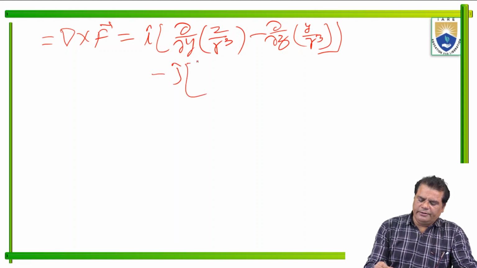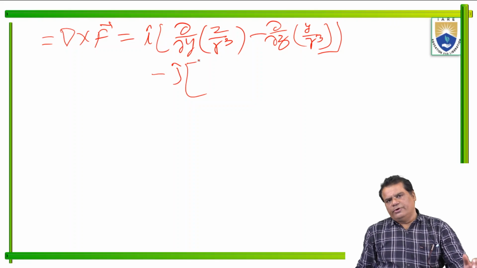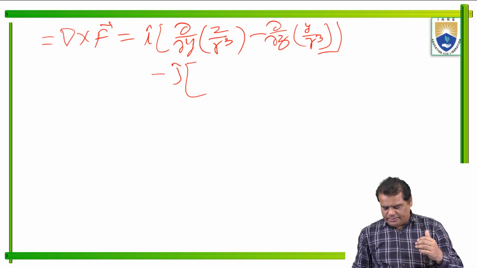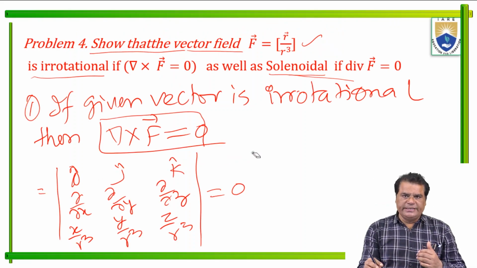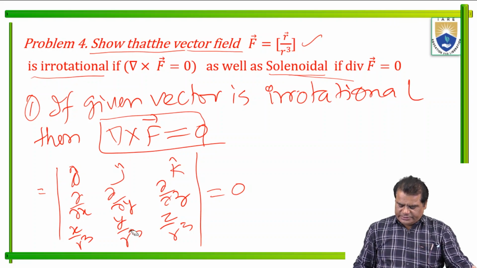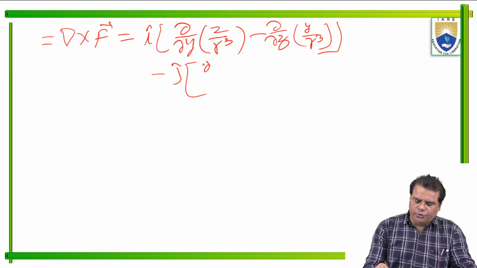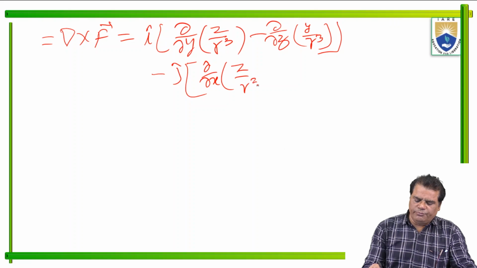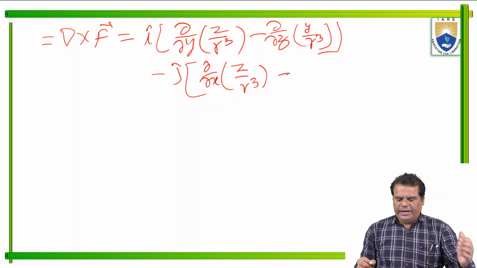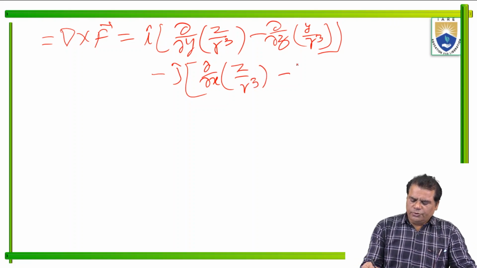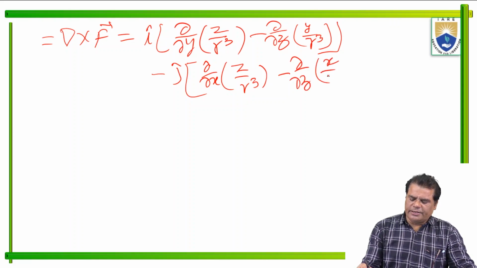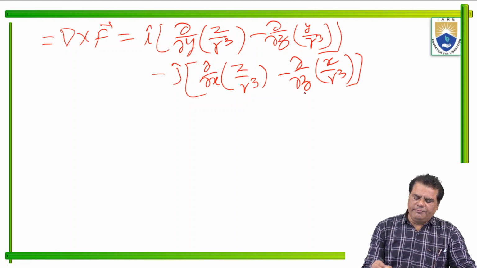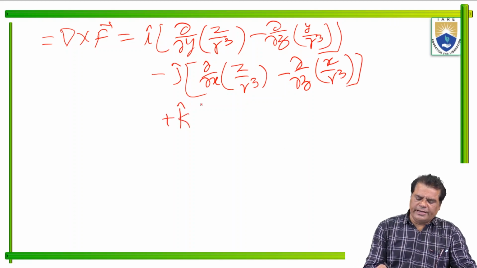So now here the first row and second column are cancelled. The first row ijk is cancelled and the first column. So this one is dou over dou x of z upon r cube minus dou over dou z of x upon r cube, and plus k cap.